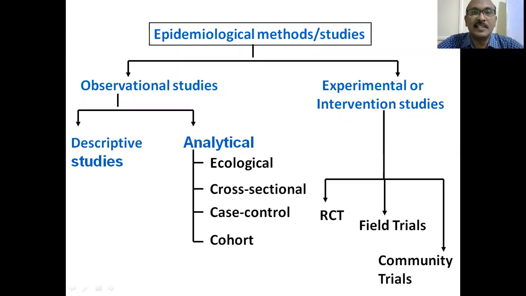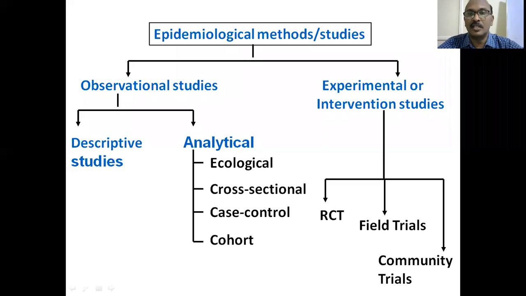In analytical studies, the subtypes are the ecological study or correlation study, where the unit of study is the community. In cross-sectional study or prevalence study, the unit of study is the individual. In case control study or case reference study, the unit of study is again the individual. In cohort study or follow-up study, the unit of study is the individual.